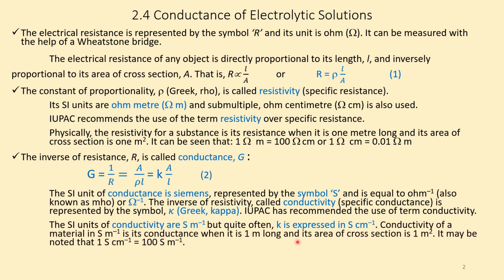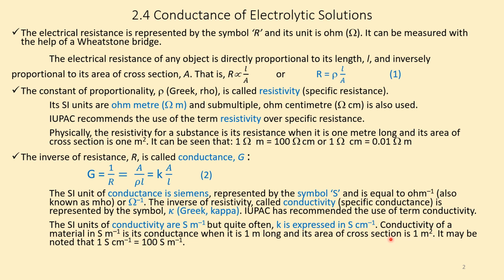The SI unit of conductivity is Siemens per meter, but quite often kappa is expressed as Siemens per centimeter. Conductivity of a material in Siemens per meter is its conductance when it is 1 meter long and its area of cross section is 1 meter square.